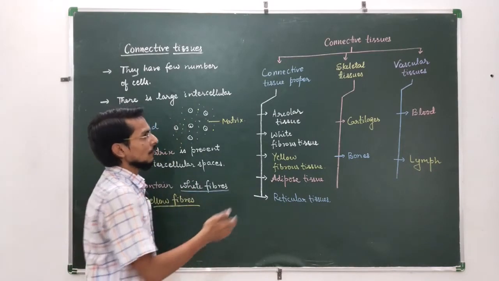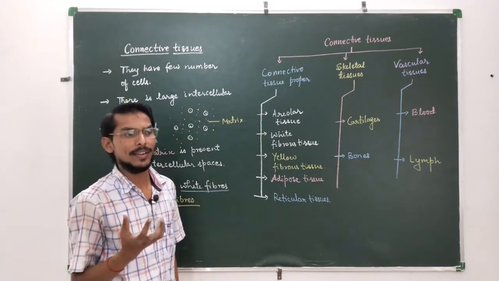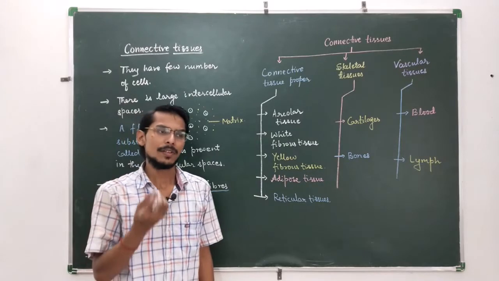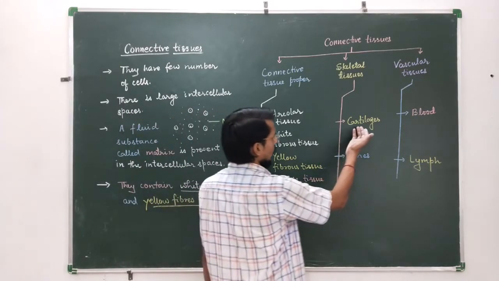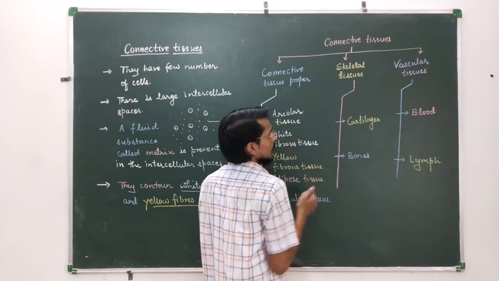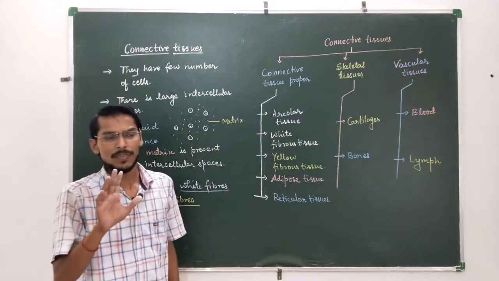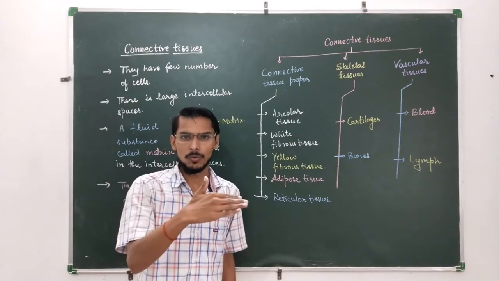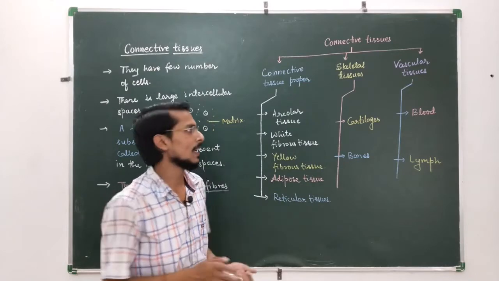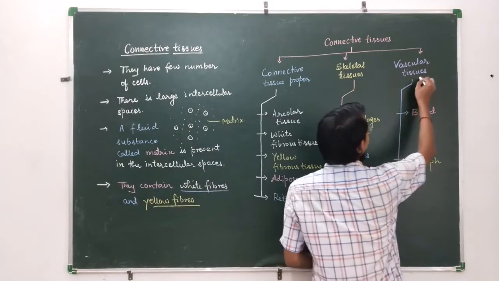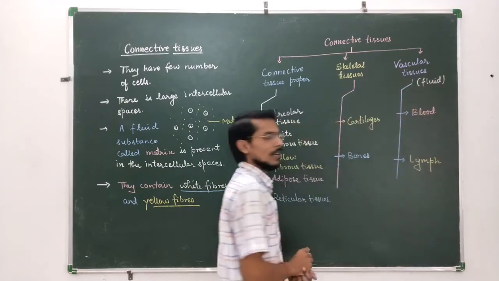But skeletal tissues are hard tissues, and actually they provide a framework to our body, either we talk about cartilages or bones. And vascular tissues are those tissues which have the ability to flow, and they include blood and lymph. So they are actually fluid. They can flow. Okay.